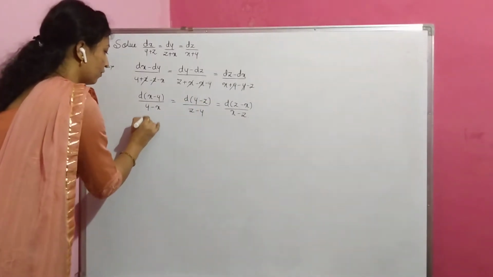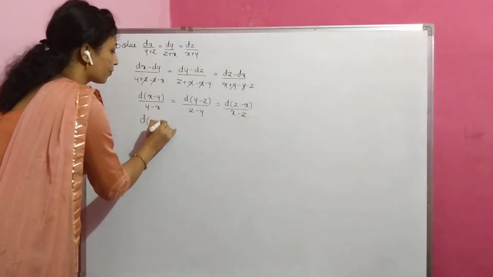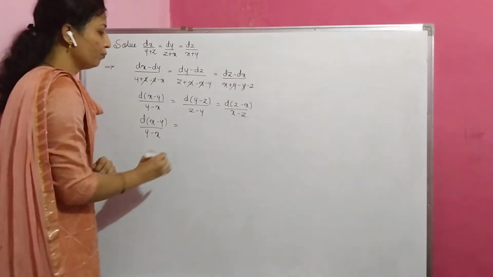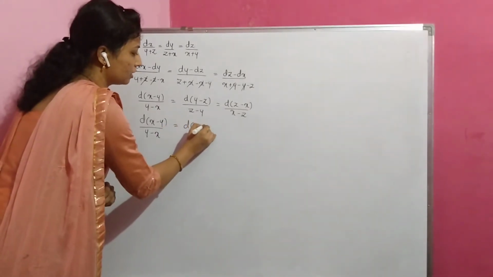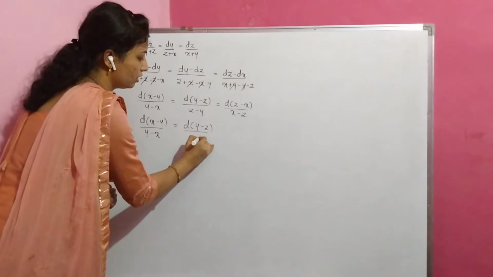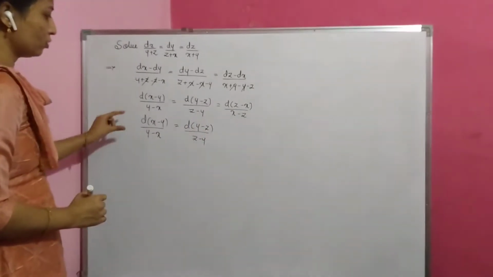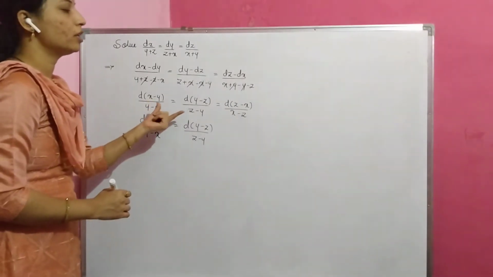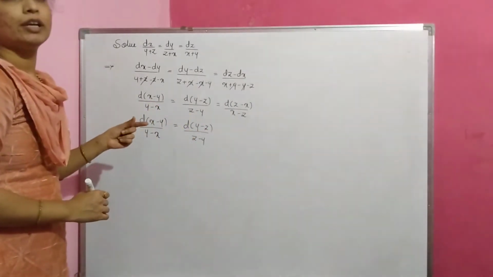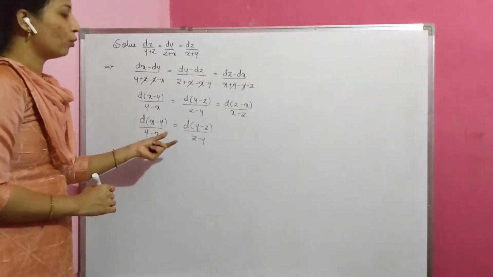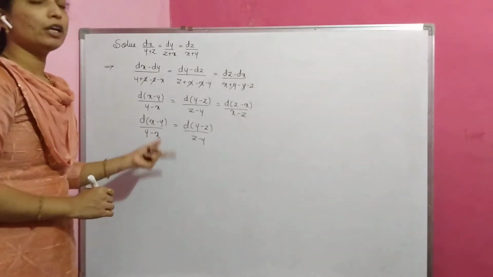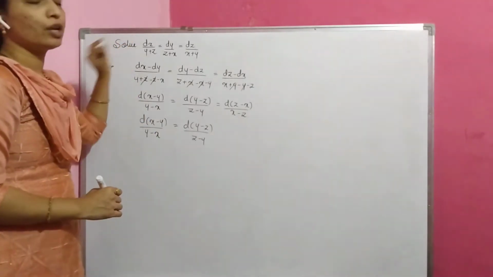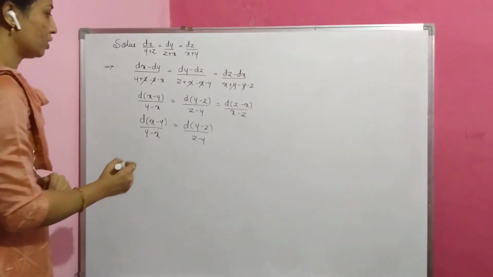These two pairs means consider d of x minus y divided by y minus x is equal to d of y minus z divided by z minus y. Then solving these two pairs, we get one solution. Again we have to consider one more pair, and after integrating we get the second solution. Combining solution 1 and solution 2, we get the solution of the given simultaneous differential equation.